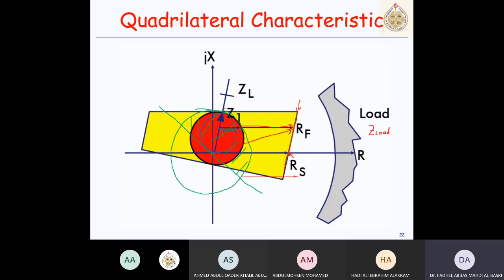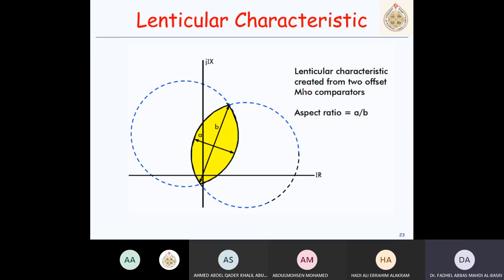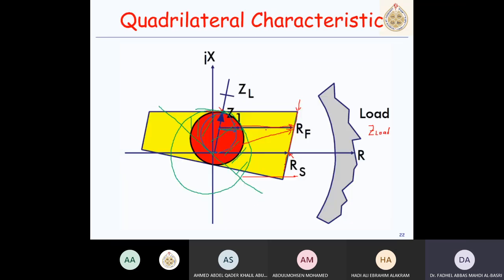And also I need to have this reactance X as a setting, which is this line. And for lenticular, I can also have this line as a setting, the directional unit as a setting. This line also I have to have, where is this value?